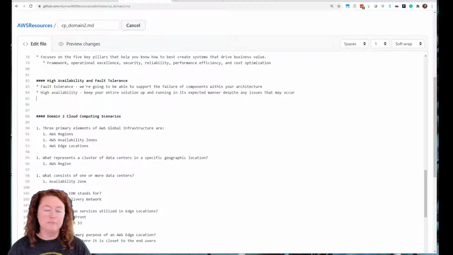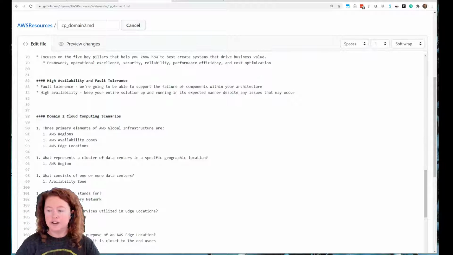So it's a little bit of a tug of war. You've got this infrastructure, it's set up to do what it's supposed to do, serve your application, allow users to do what they need. You know something is going to fail. The idea of fault tolerance means that we're going to support the failure of components within our architecture with a backup plan solution, redundancy, whatever, with this idea of high availability, which means the entire solution will stay up and running no matter what.